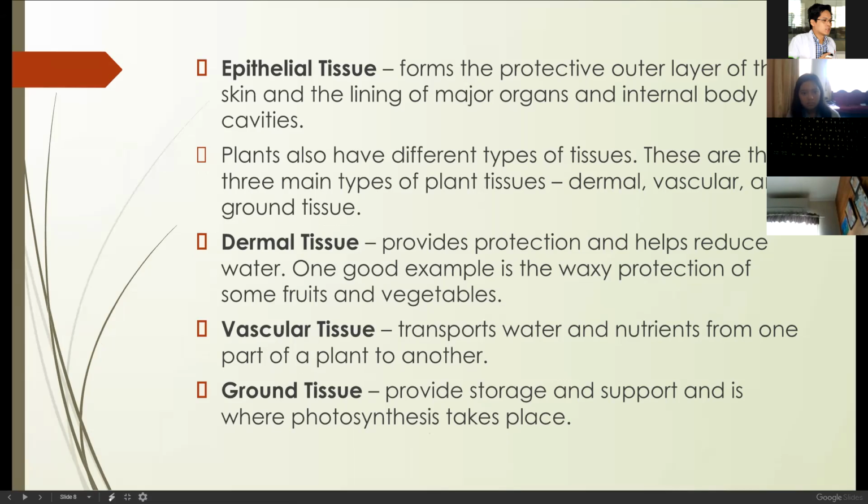Again, Grade 7, are you still with me? Where does photosynthesis take place in plants?